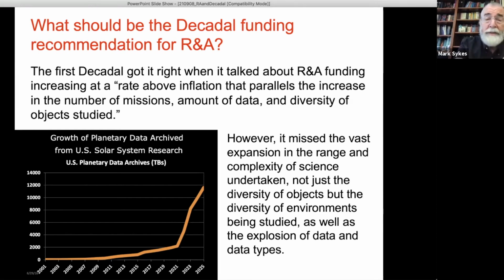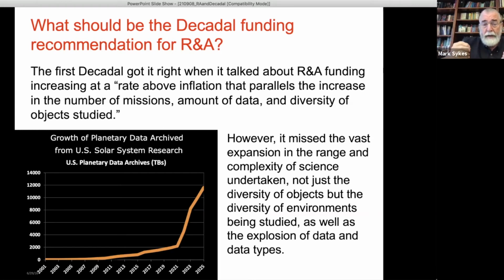However, one thing that the Decadal survey missed was not that we're going to asteroids and these planets, but now we're going to a whole different set of environments, atmospheres, different kinds of surfaces, icy, rocky, and it didn't take into account the sheer complexity and range of the kind of science that we're undertaking today and are going to be undertaking in the future.